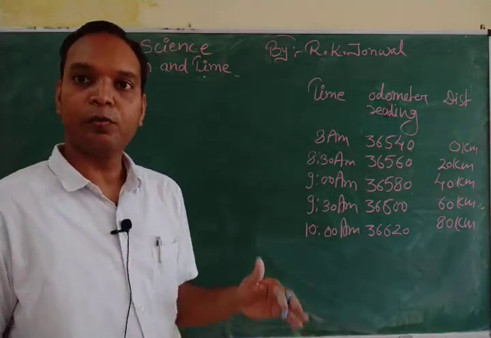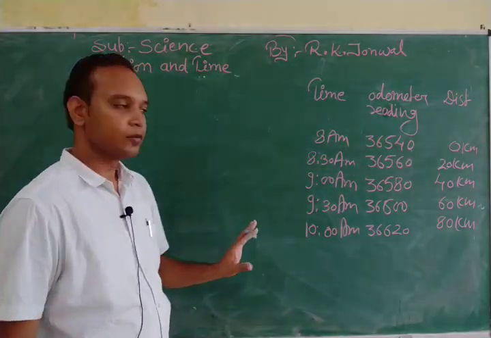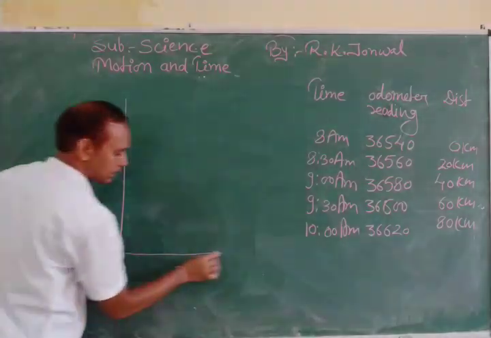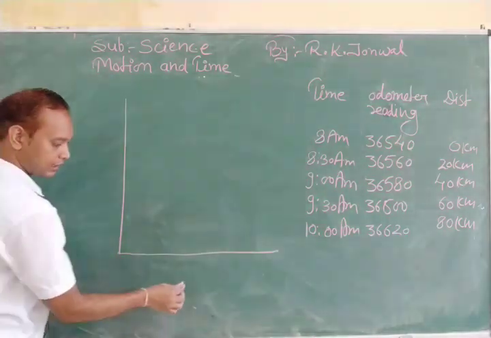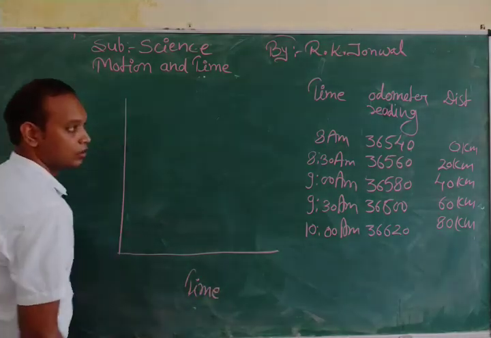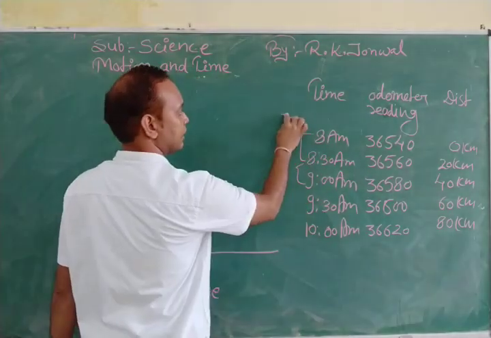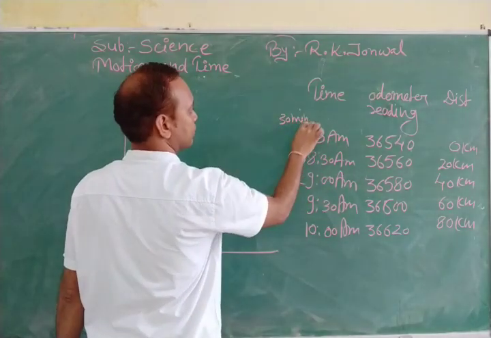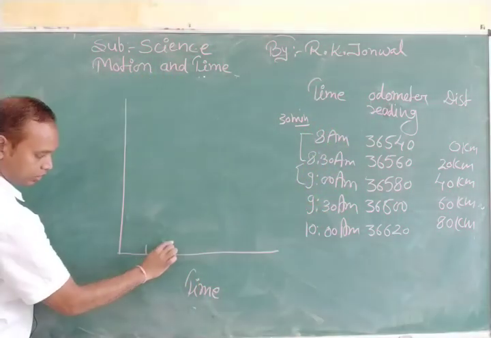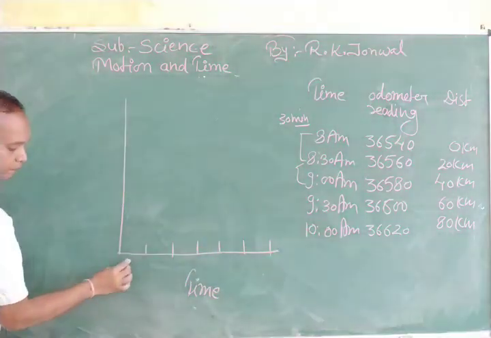If we want to plot a graph with the help of these given values, now we start that. Here is y-axis, here is x-axis. On x-axis we draw time. To find the time interval, we can say that is 30 minutes. So we take the value of 1 centimeter equal to 30 minutes.